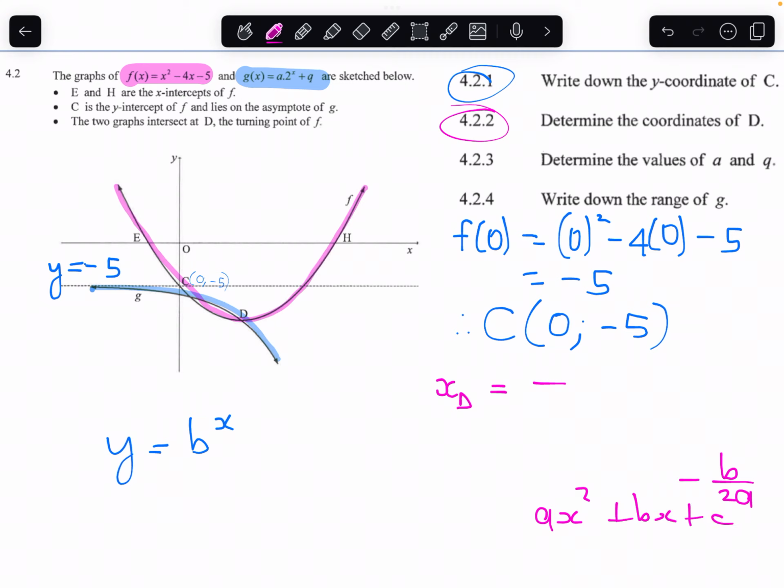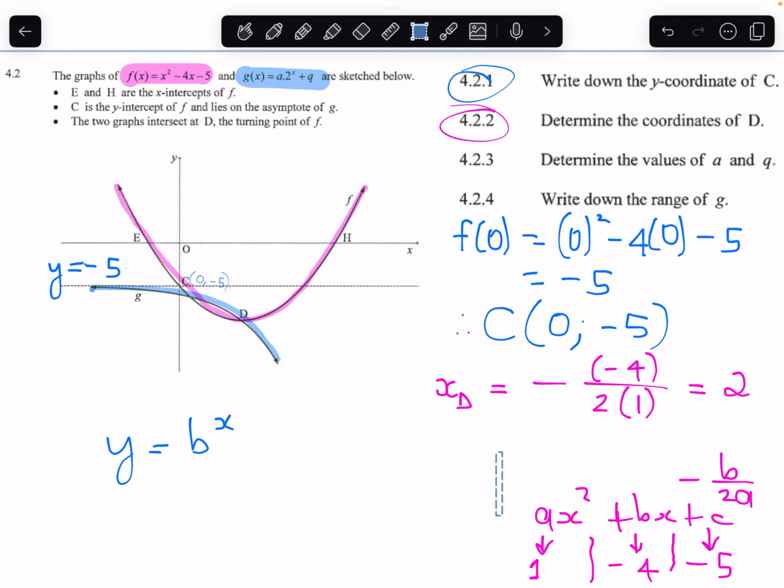So in this case, our a is 1, our b is negative 4, and our c, just for fun, is negative 5, right? So I will sub that in. So b is negative 4, and then a is 1. So that ends up being positive 4 over 2, which is 2, right?